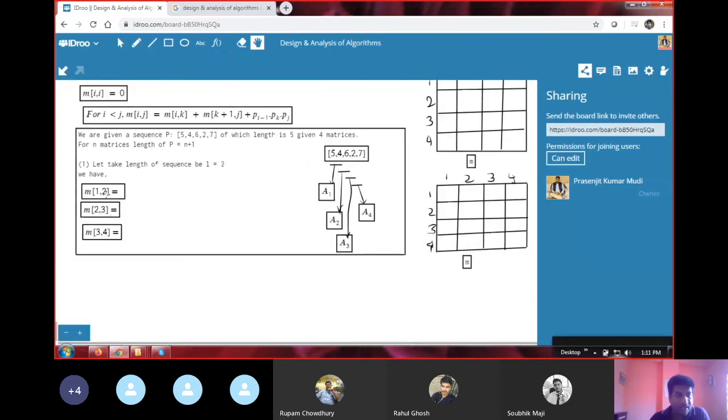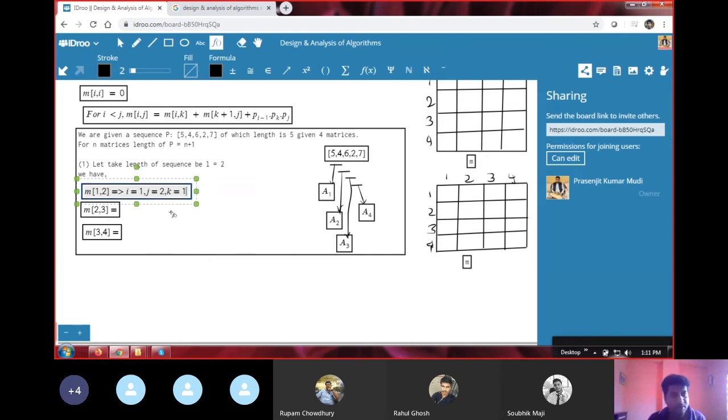So for this m12 we have i equal to 1 and j equal to 2. So then what will be the value of k? If k has to be greater than equal to 1 but less than 2, that means the only value of k possible at this moment is 1.